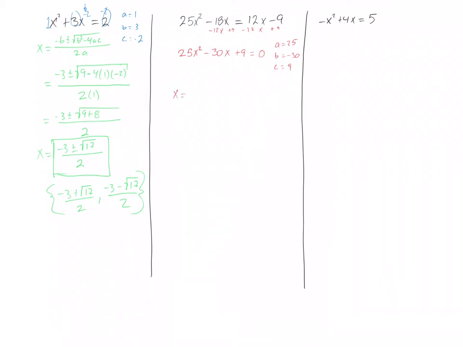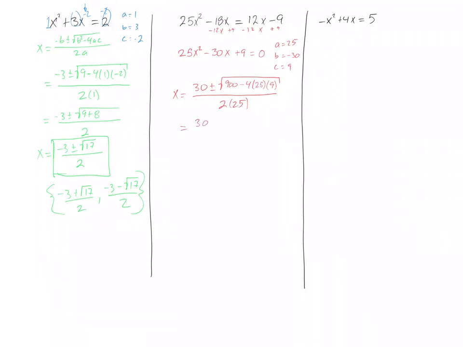x equals negative negative 30 plus or minus the square root of b squared, which is 900, minus 4 times a times c, all divided by 2 times a.